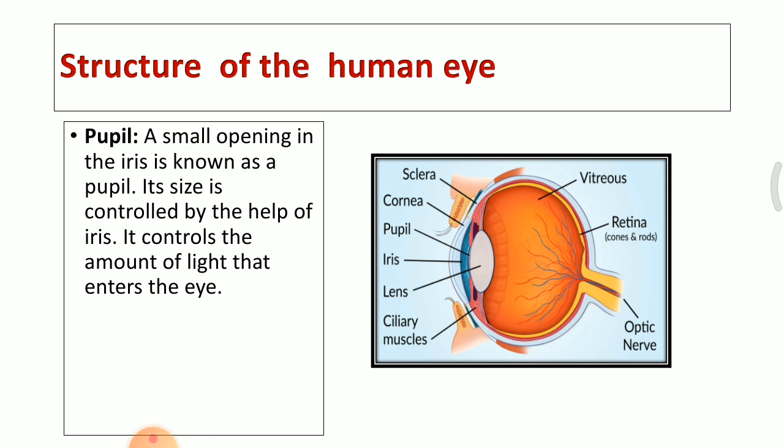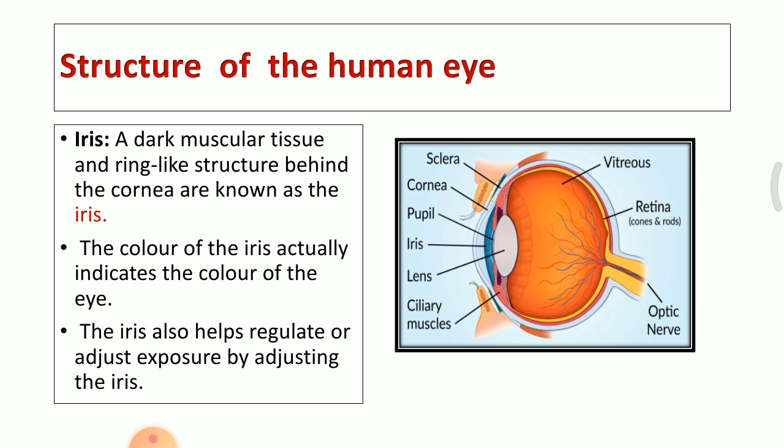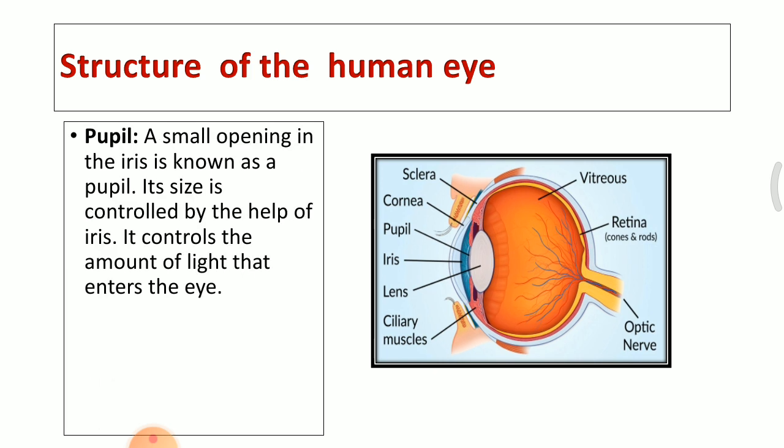The next part is pupil. The fourth part is pupil. A small opening in the iris is known as pupil. Its size is controlled with the help of the iris. The size of the pupil is controlled by the iris.